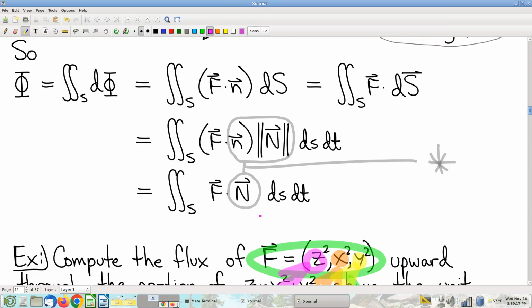For the moment, my argument was that capital N we know is perpendicular to the surface. And little n here, the orientation unit normal, is also perpendicular to the surface. And the idea is that, if you have a plane, there's really only one direction that's perpendicular to the surface, or so it would seem.